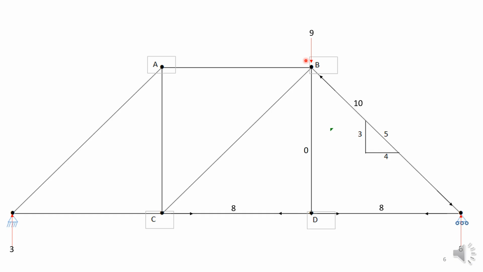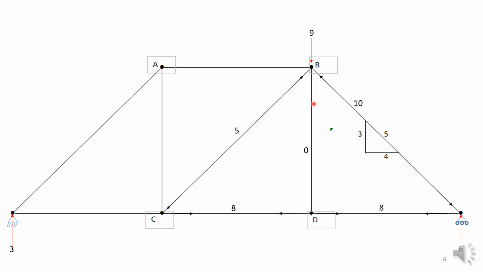We'll go to another joint and let's look at this joint B. Let's look at the vertical components. There's a force of 10 units pushing upward at this angle, and there's a vertical force 9 downwards. The component of this 10 in the vertical direction will be 6.